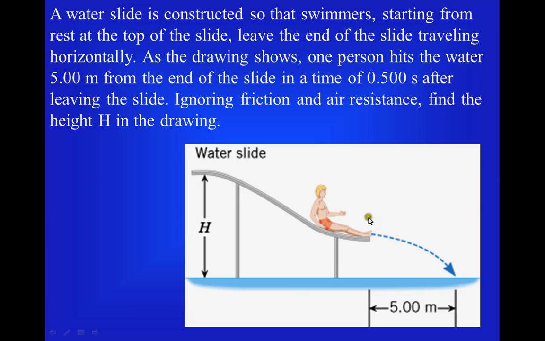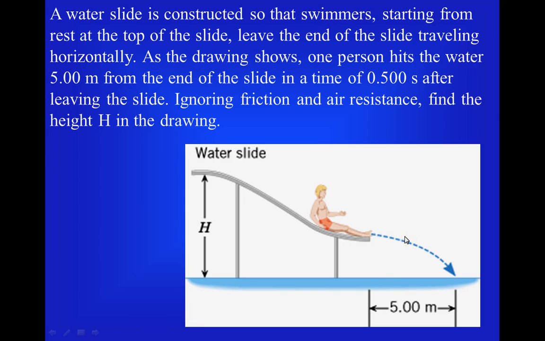They left the slide traveling horizontally and fell in 0.5 seconds. That's free fall motion. So that's an initial velocity in the y-axis of 0 meters per second. Remember, they were traveling down the slide and then they left the slide traveling horizontally.